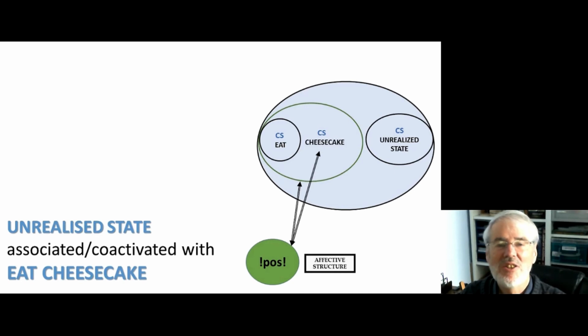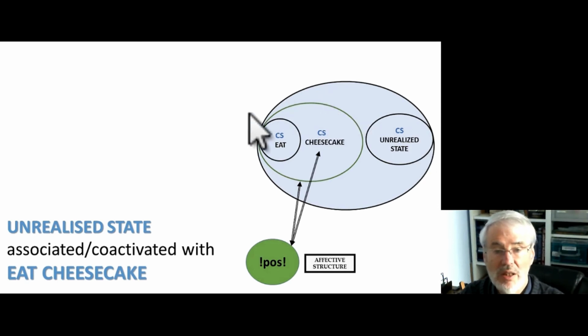Right. So now we have a situation where it's currently unrealized. So eating cheesecake is a purely abstract idea. It's not currently realized. You're not eating cheesecake at the current moment, and so one of these meanings that are going to be activated is the notion of an unrealized state.